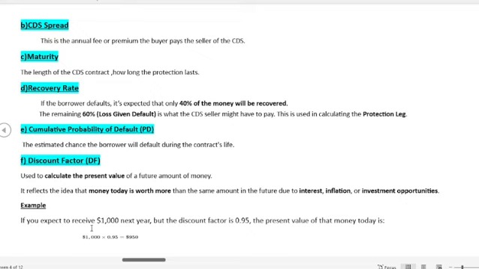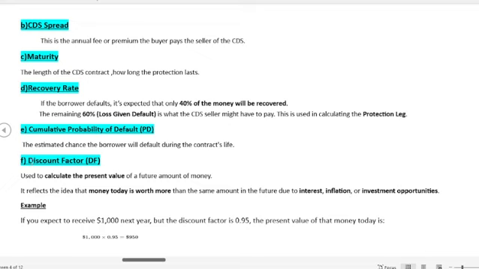If you expect to receive $1,000 next year, and the discount factor is 0.95, the present value of that money today is 1,000 multiplied by 0.95 equals 950. It means the future money value is going to be devalued due to the interest rate, inflation rate, or any kind of investment opportunity.